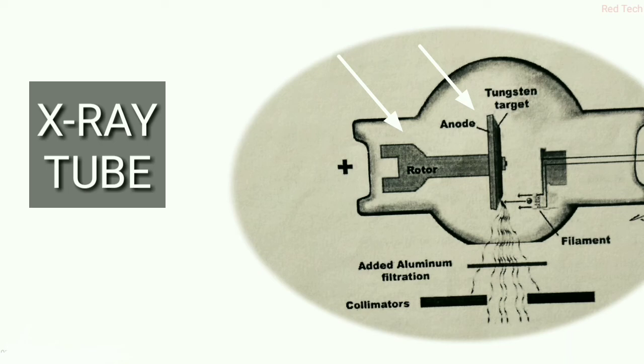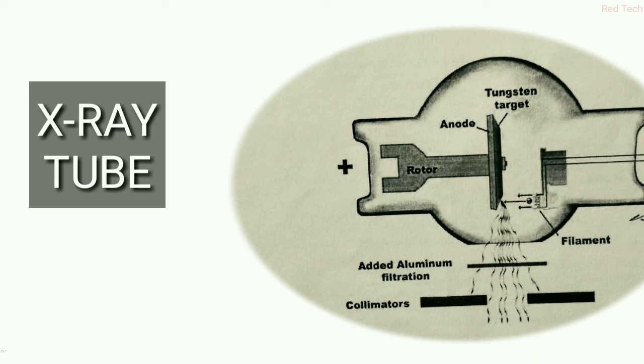And the tungsten target used in the X-ray tube is enclosed in the copper block, which is also a good heat dissipater.